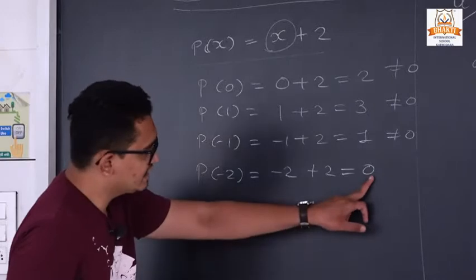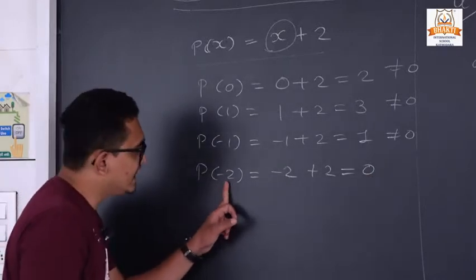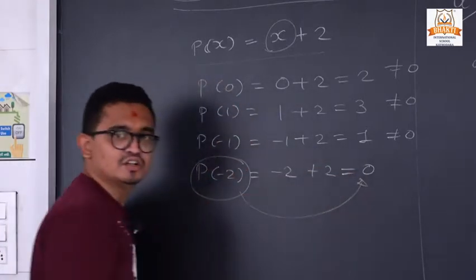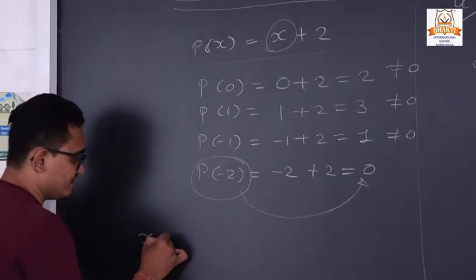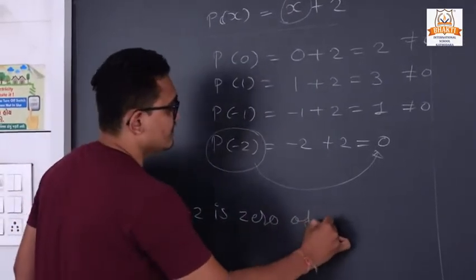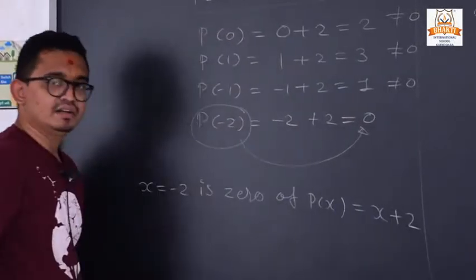So see that if we put x is equal to minus 2, then the value of the polynomial becomes 0. So it means x is equal to minus 2 is a zero of P of x is equal to x plus 2. Clear or not?